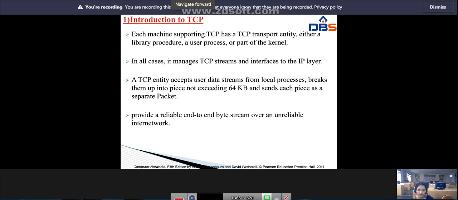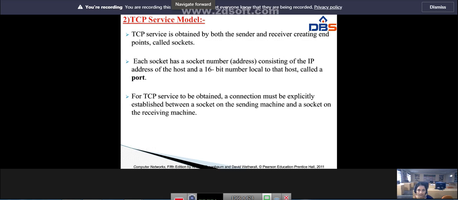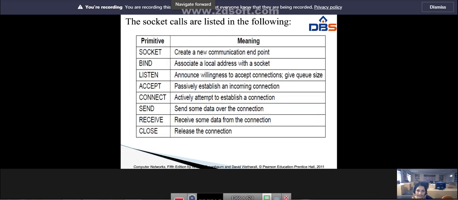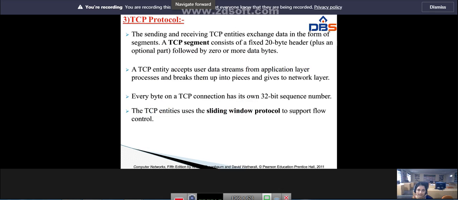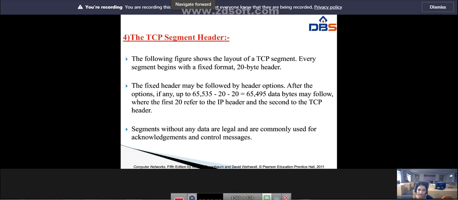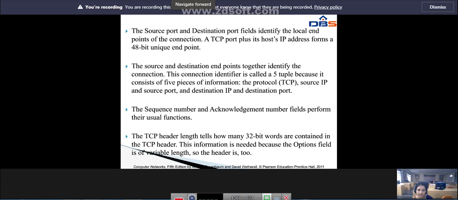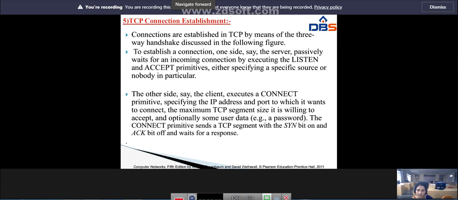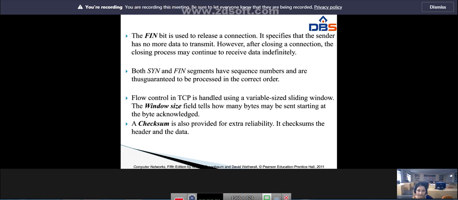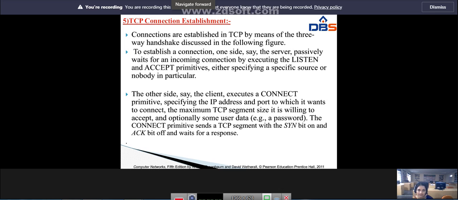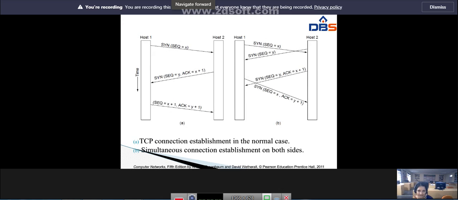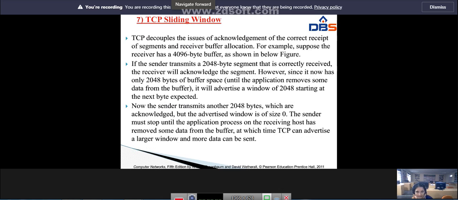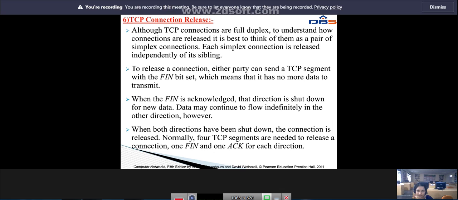This is the introduction of TCP and the TCP service model, and these are the tables. This is the TCP protocol and TCP segment header, and next this is the diagram and its explanation. Next is TCP connection establishment, and then TCP connection release. Up to here we have discussed in the previous video.